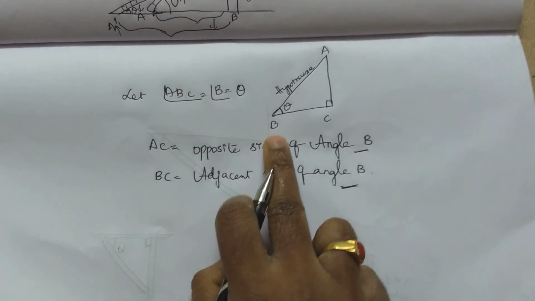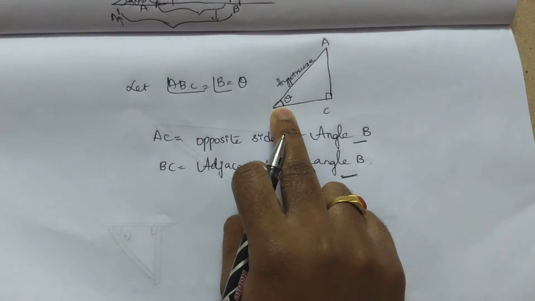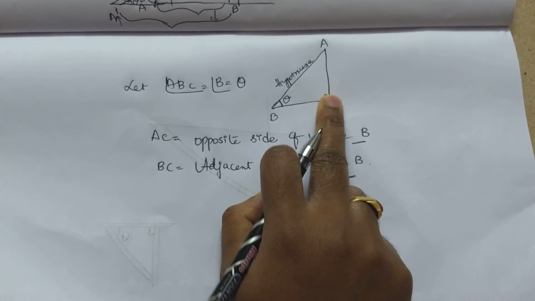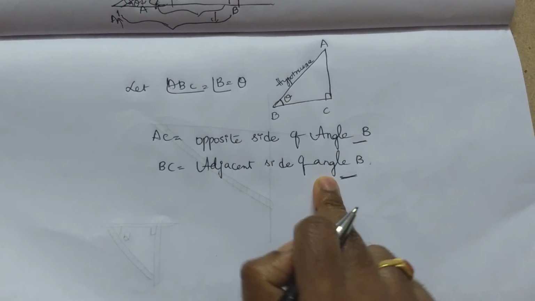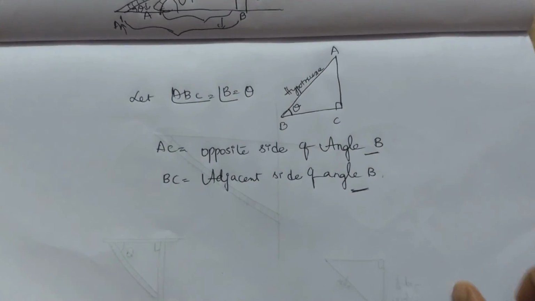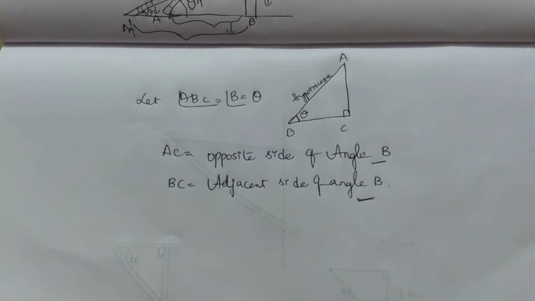But for general reference we denote AC as the opposite side of angle B and BC as the adjacent side of angle B. So this is the general note.